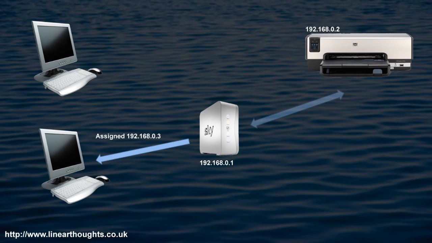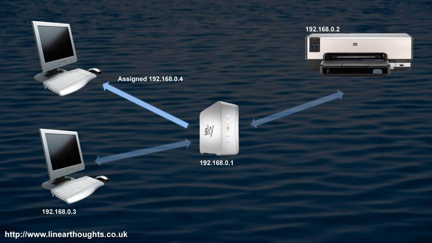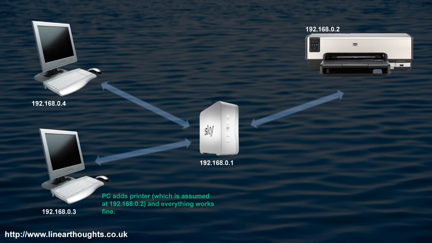Here we see the PC bottom left requesting an address and being assigned one, and then the PC top left requesting an address and getting assigned one in a similar way. If the PC bottom left was then to add this network printer, the printer would work quite happily and everything would seem fine. Where the problem arises is the next time the network is set up.